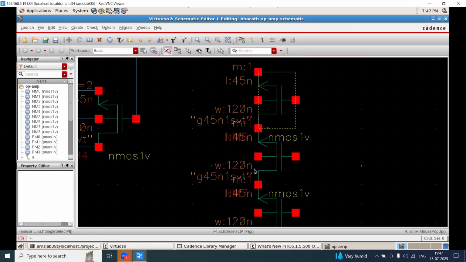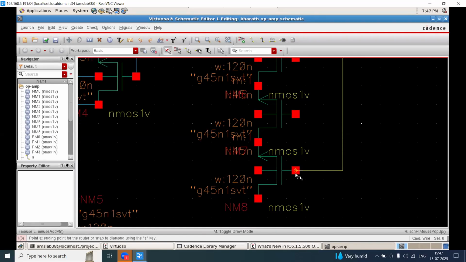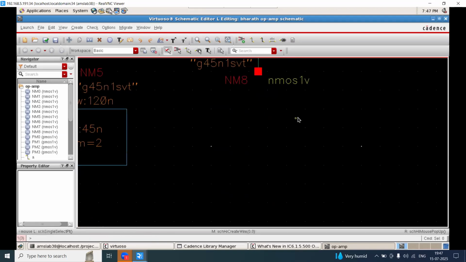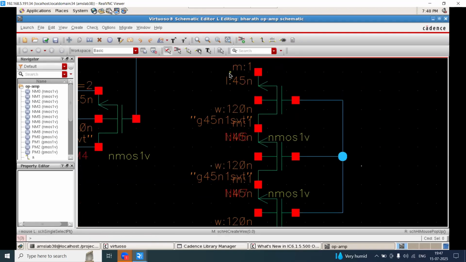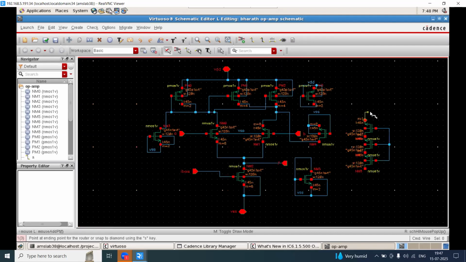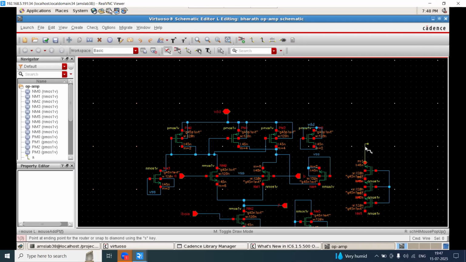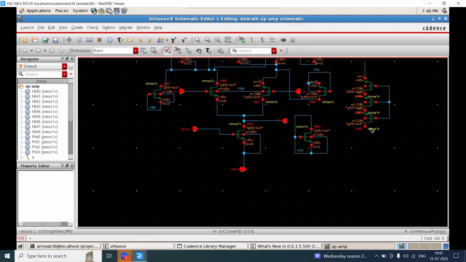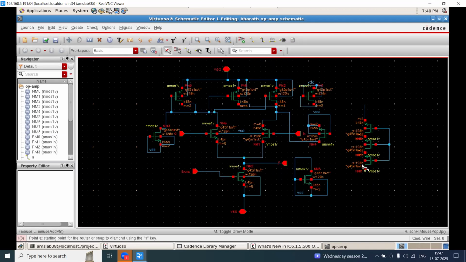Here you see, there is no intermediate connection in between these two, but we will give a common connection like this.